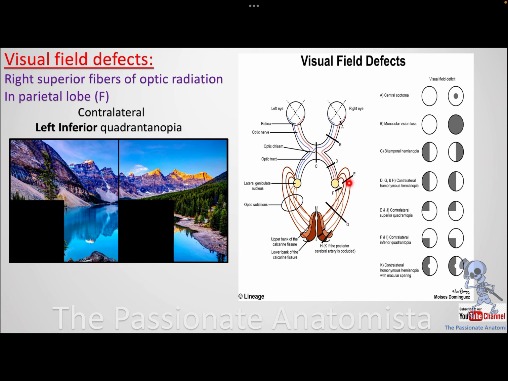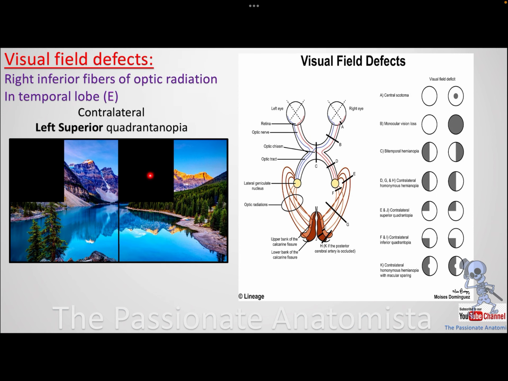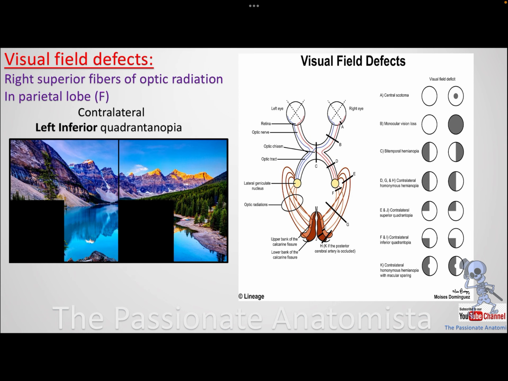If it's in the inferior loop, then I will have superior left. If it's inferior right optic radiation, inferior right means temporal loop, then I will lose superior left, a superior left quarter of both eyes. If the problem is superior right, then I will lose the left inferior visual field of both eyes, quarter only.